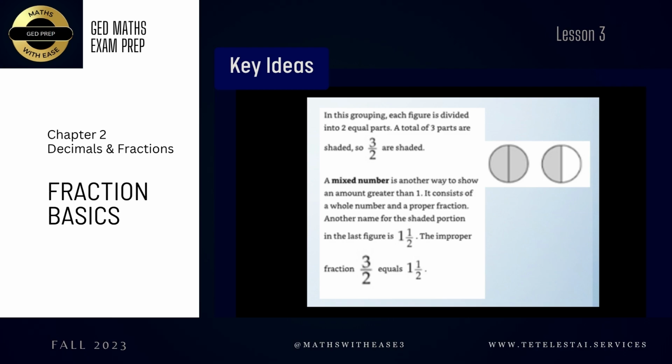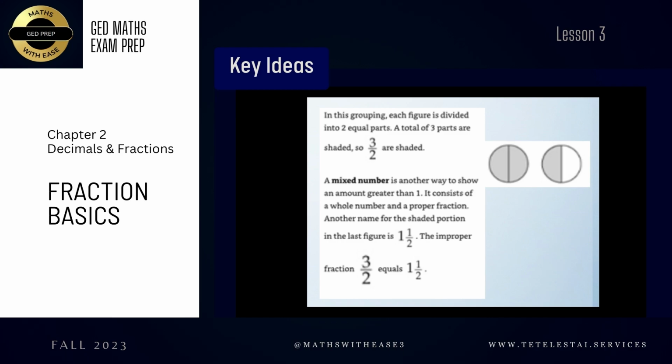If someone were to ask you how many parts of these 2 circles are shaded, your answer would be 1, 2, 3 over 2 of the 2 circles. So this is an improper fraction.